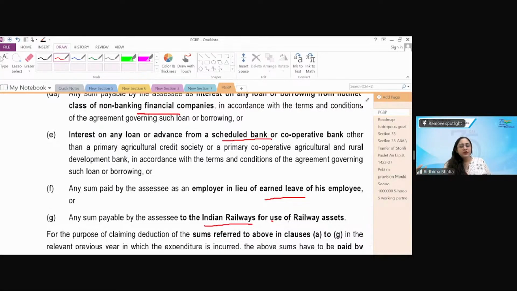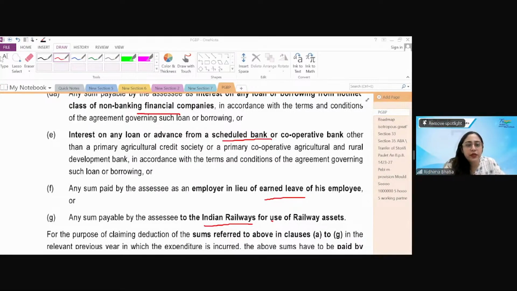So they have to pay railways the amount. If they will not pay the railways, that would be disallowed. Why is it given? So that railways को dues timely मिल जाए. They can timely recover the dues. Simple.